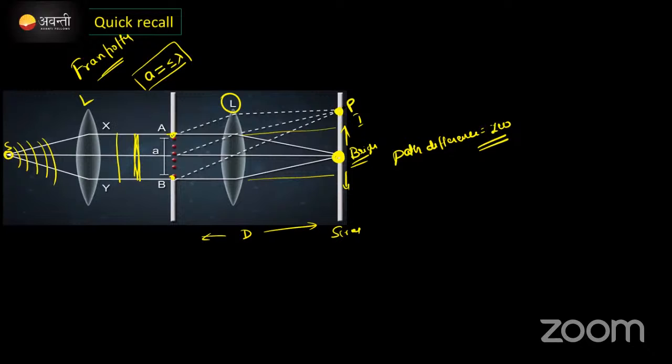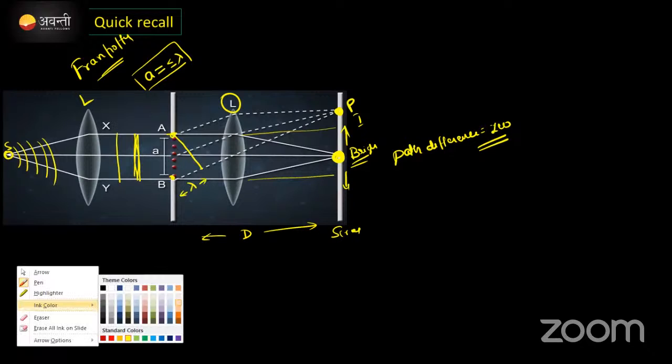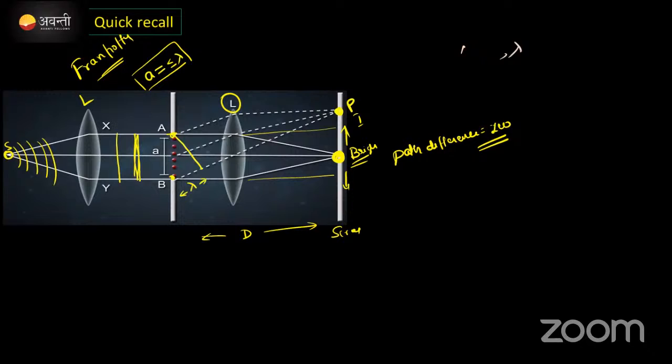To know that, we took the path difference first. How much lambda did we take? Correct? When we take the path difference lambda, at that condition all the waves make destructive interference. That's why at this point you will get a dark fringe.